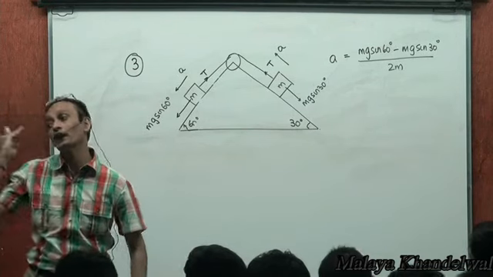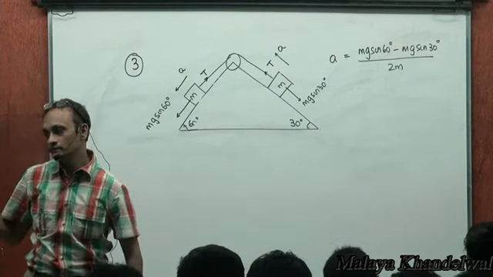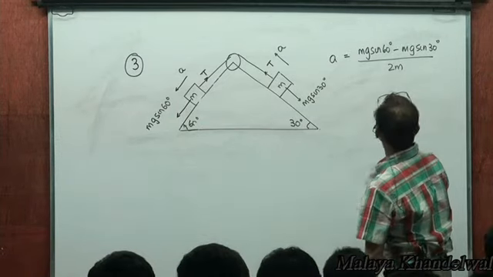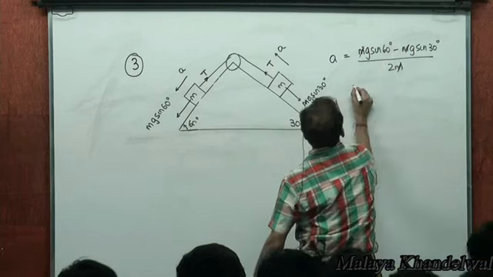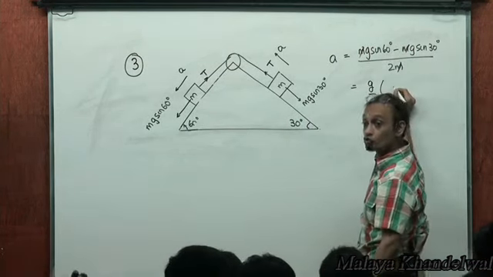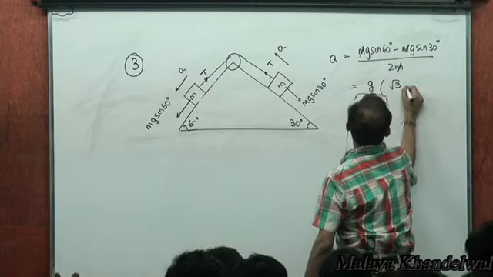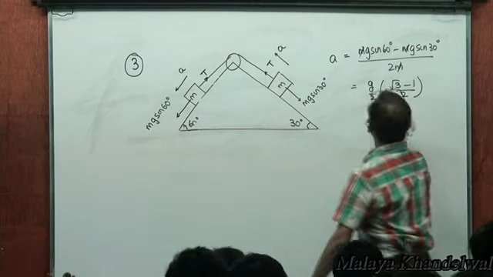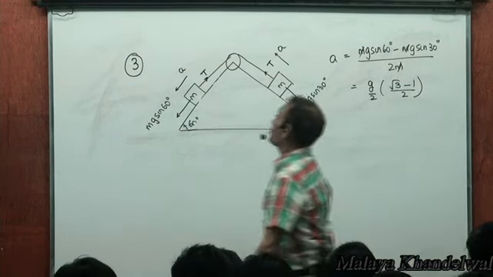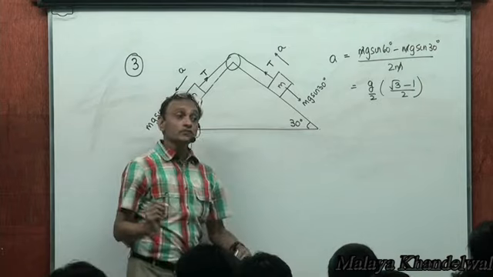One down the plane, the other one up the plane. Right? And once you have this in place, m and m would get cancelled. Therefore, we have a equal to g by 2 into, sine 60 degrees is root 3 by 2, and so on. That's the acceleration. Right?